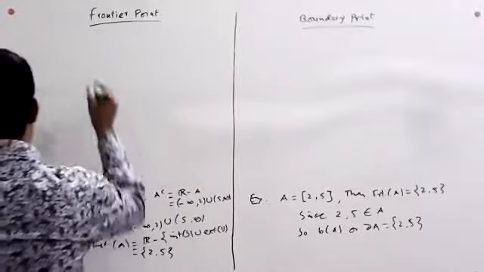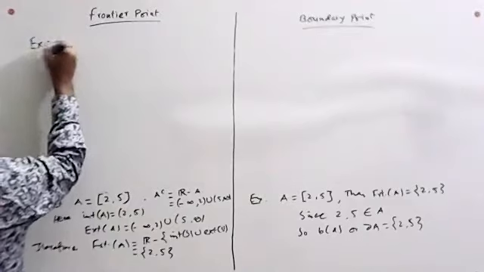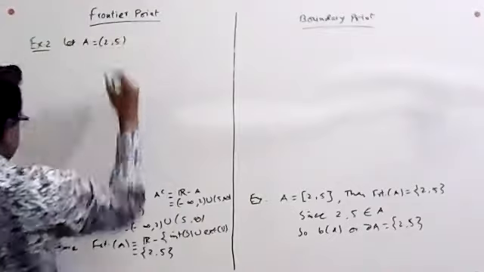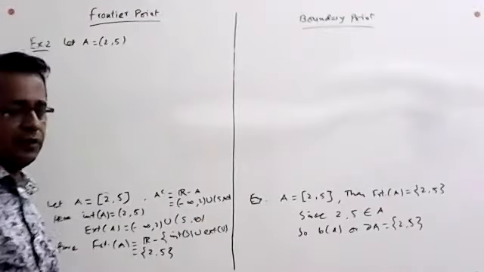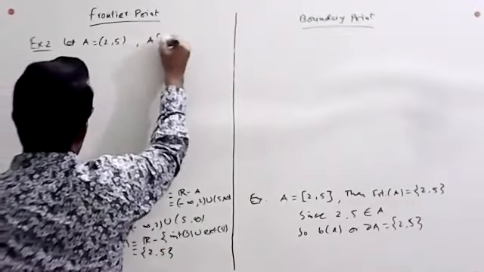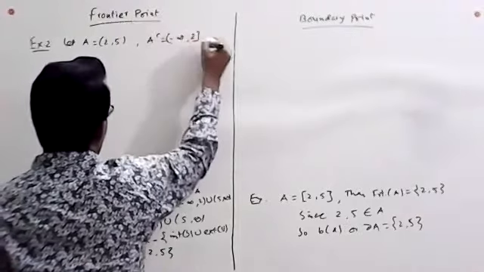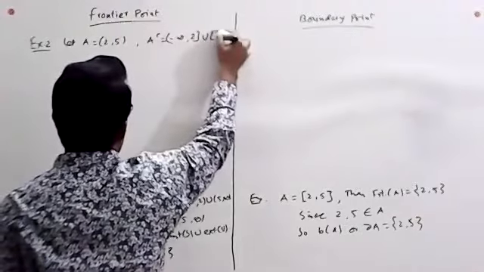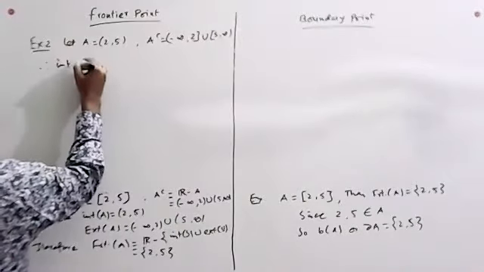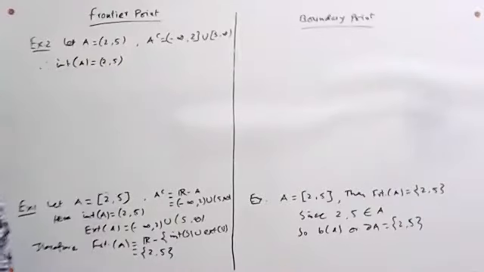But if we take an open interval as an example, let A equal the open interval 2 to 5. Then we see what happens there. Here, A complement equals minus infinity to 2, where 2 is closed here, union 5 to infinity, where 5 is closed here. So, interior of A equals 2 to 5, an open interval.